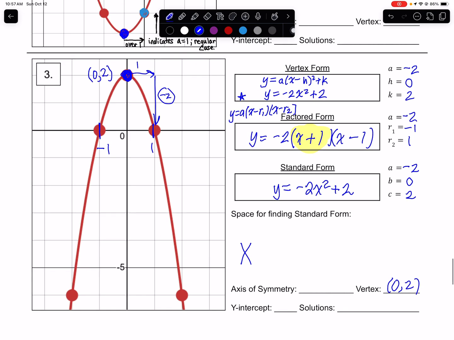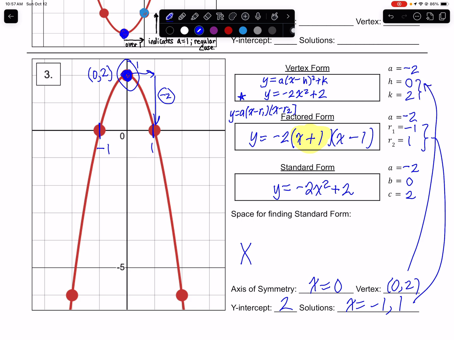Now axis of symmetry, like I said, is the y-axis, or this. The y-intercept crosses at 2, which is up here. And the solutions are x equals -1 and 1, which show up here. Okay, and the vertex shows up here.